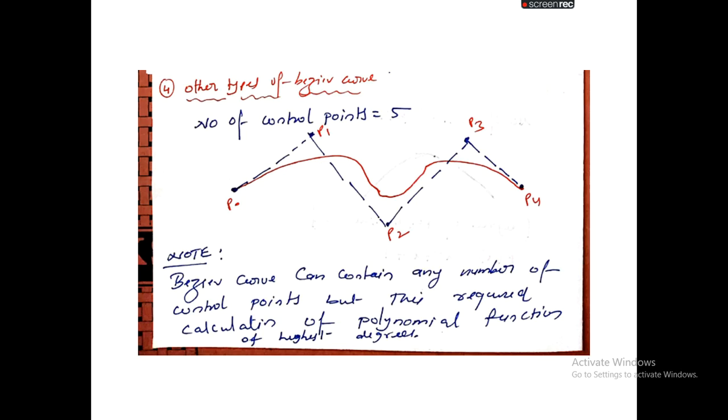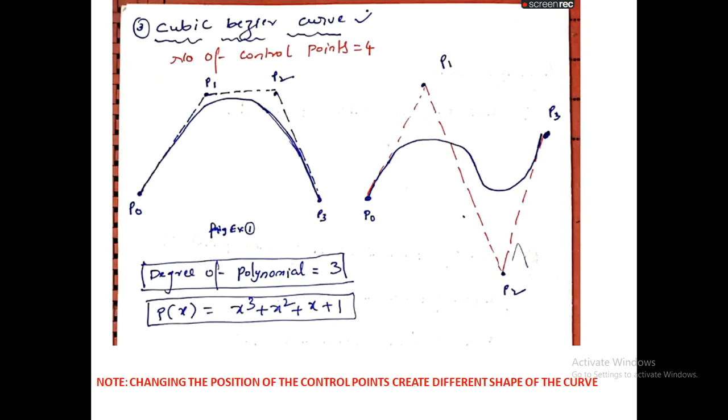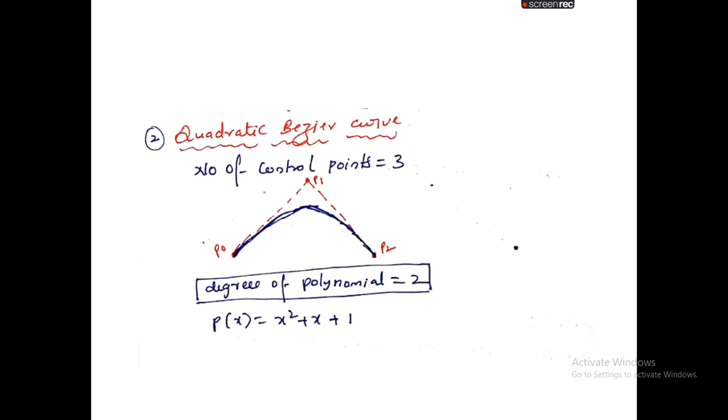So these are the four types of Bezier curve we discussed. As you can see, these are simple examples. Here three control points are there. This is one example for the Bezier curve. If three control points are there, I said it is a quadratic Bezier curve.